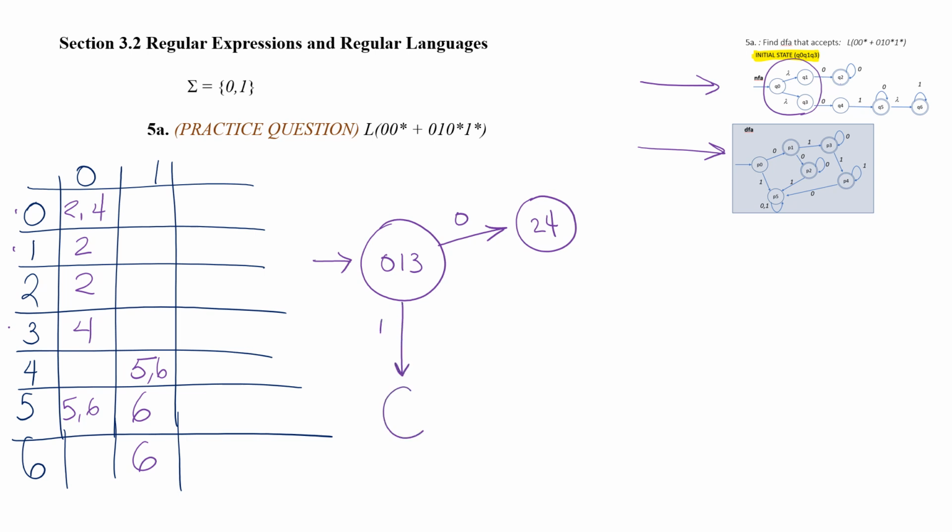So I'm just going to call that X. All right, now let's check 2, 4. 2 and 4 with a 0, I'm going to go to 2. And 2, 4 with a 1, I'm going to go to 5, 6.